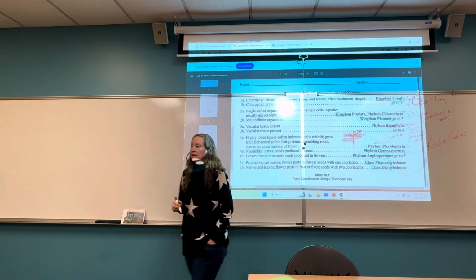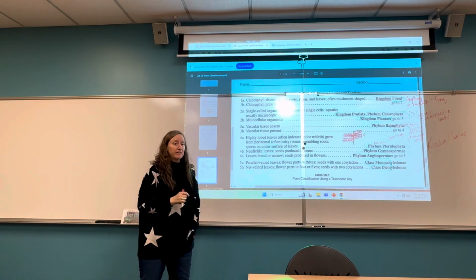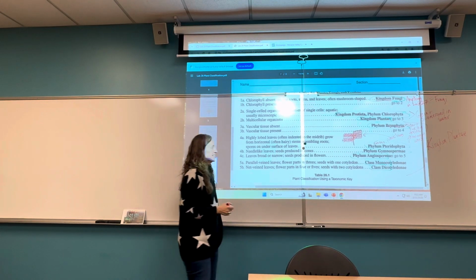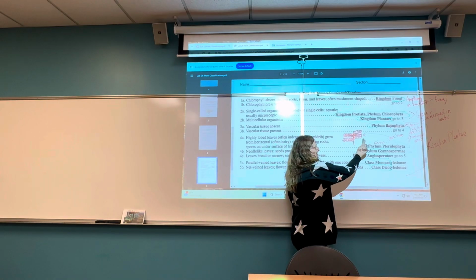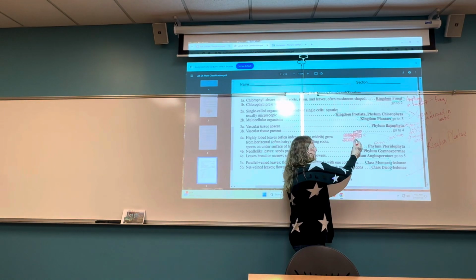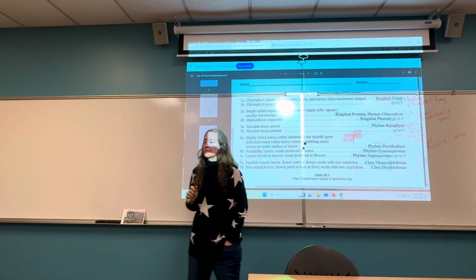When you're talking about pinnate leaves, it's like the leaves have leaves. So if this is considered a leaf, then it has little leaves on it. That's what we mean by pinnate.